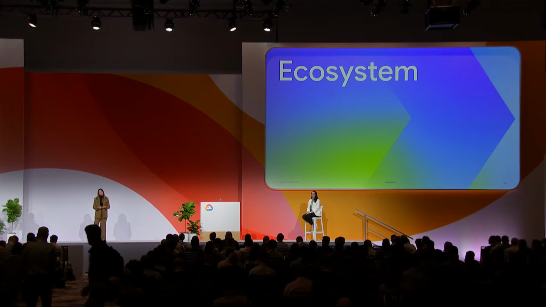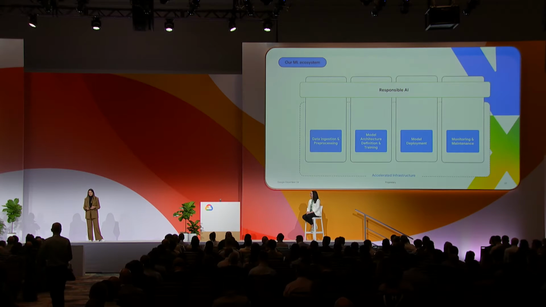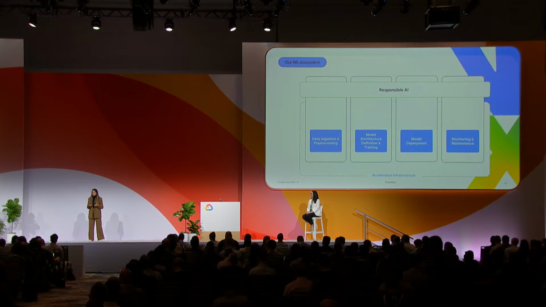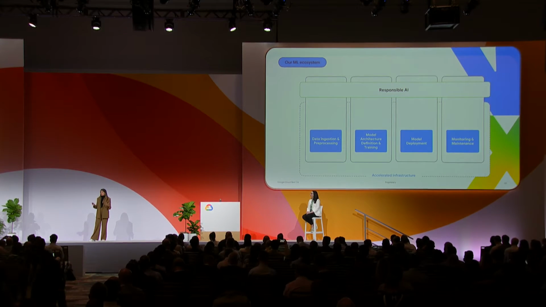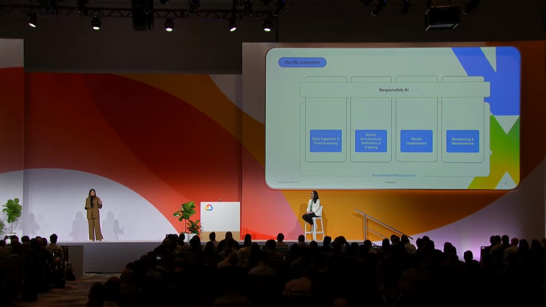So let's start with the AI ecosystem. At Google, our mission is to enable every developer to improve their products using machine learning. From free and open source frameworks like Keras and TensorFlow, to development tools like Colab and resources like Kaggle, all while ensuring responsible AI principles.